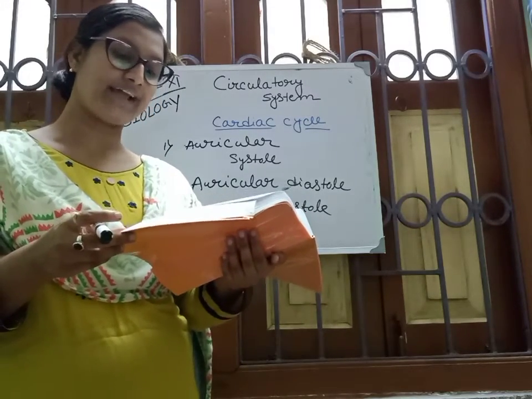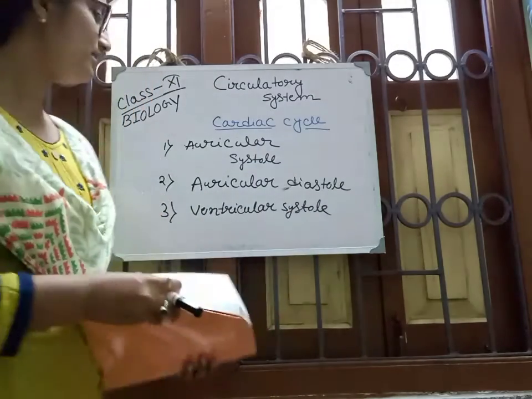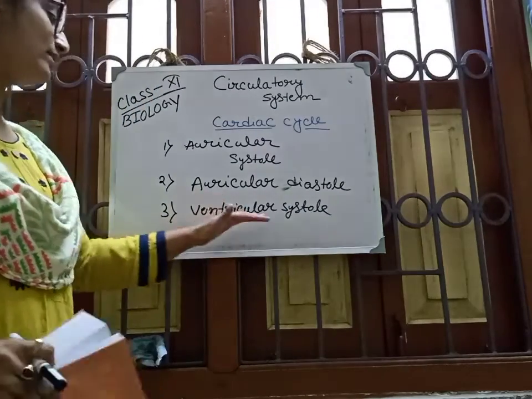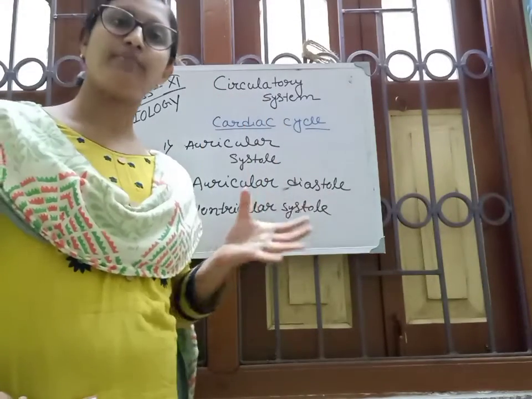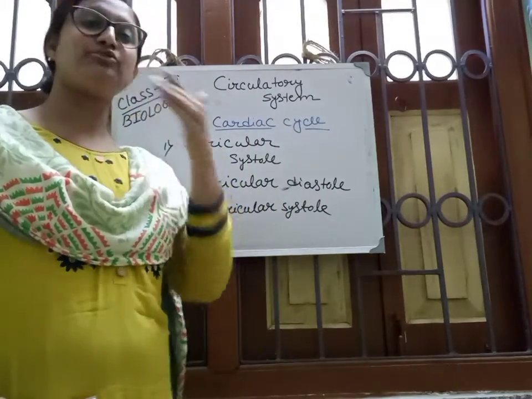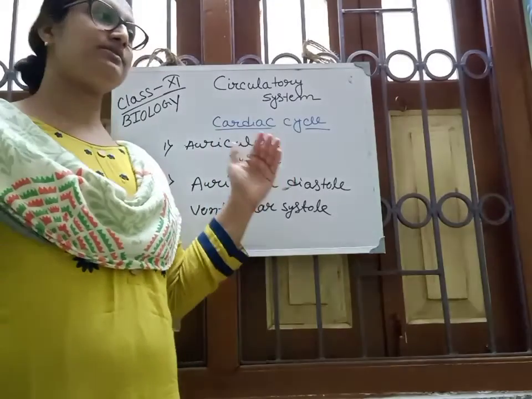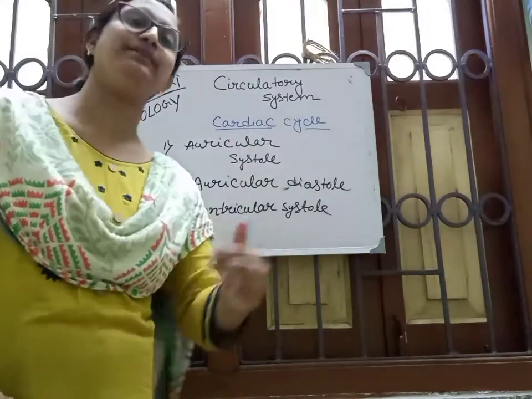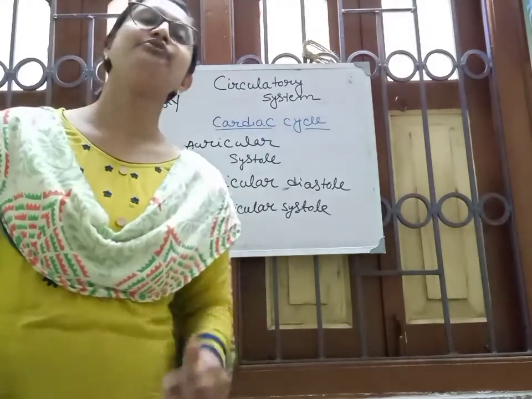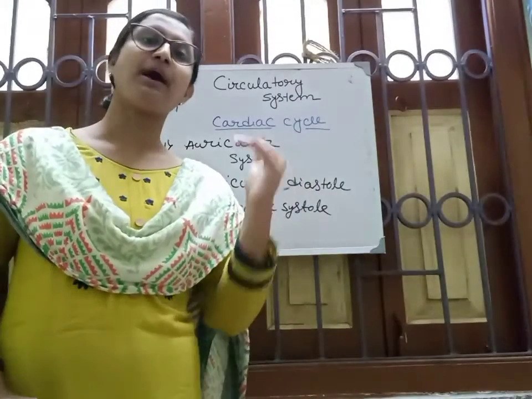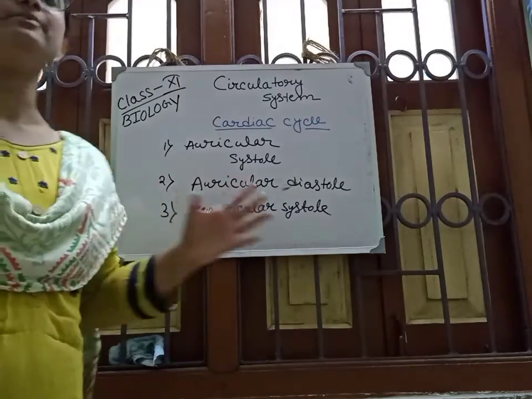The bicuspid and tricuspid valves shut and prevent backflow. Before that, blood was coming from the auricles to the ventricles through these two valves, the bicuspid valve and tricuspid valve. After the filling of the ventricles, the valves remain closed.